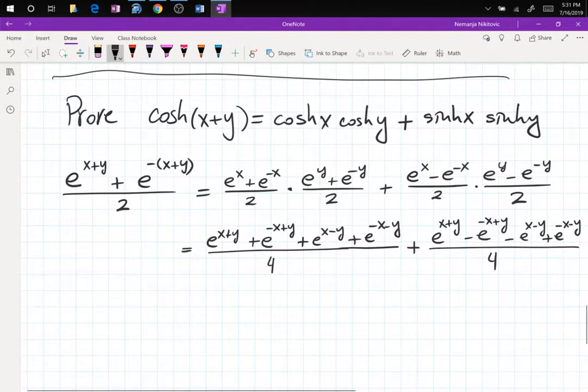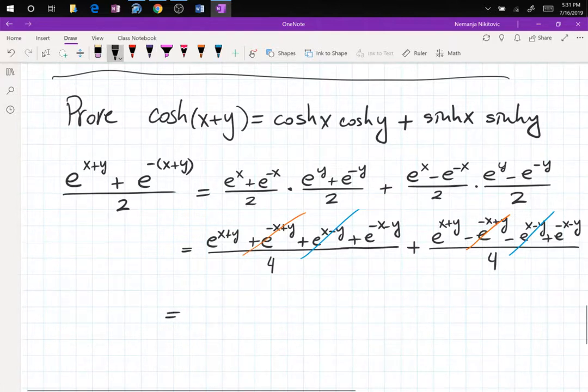Now if you take a look, you will see minus x plus y, minus x plus y. This term is positive, that term is negative. So they cancel as the orange pair. And then e to the x minus y and minus e to the x minus y, they will cancel as the blue pair over here. They cancel because they subtract to 0.